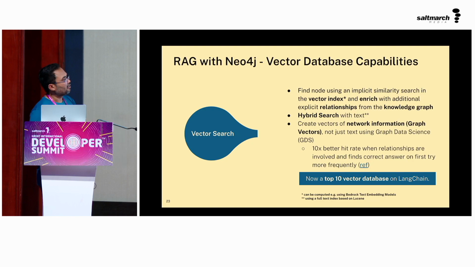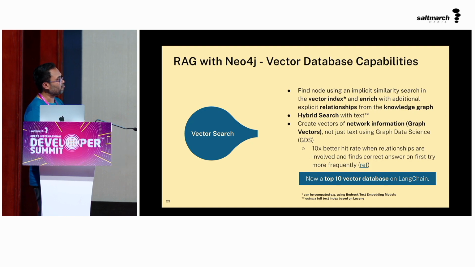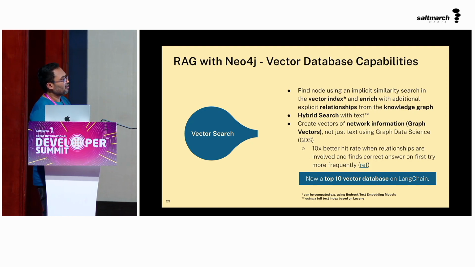With this setting, as per the benchmark, there is a reference available in the VectorHub by Superlinked, which says that you can have a 10x better hit rate when the relationships are part of the knowledge graph embeddings, and you can find the correct answer within the first try more frequently as compared to the vector DB itself, right?